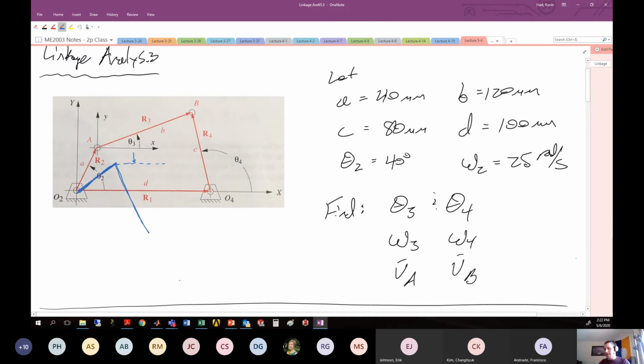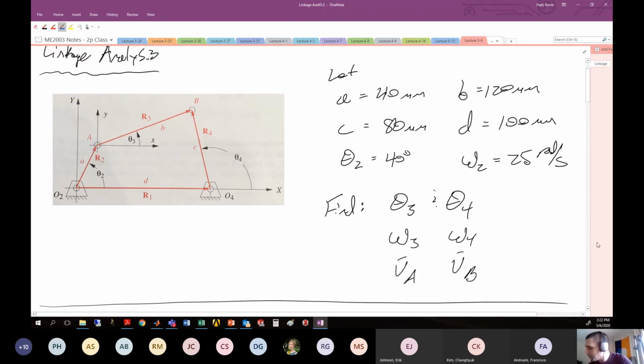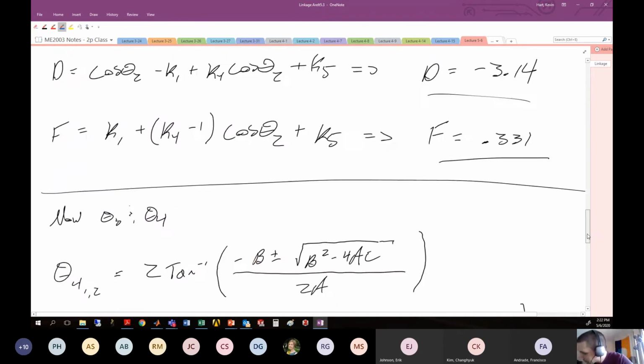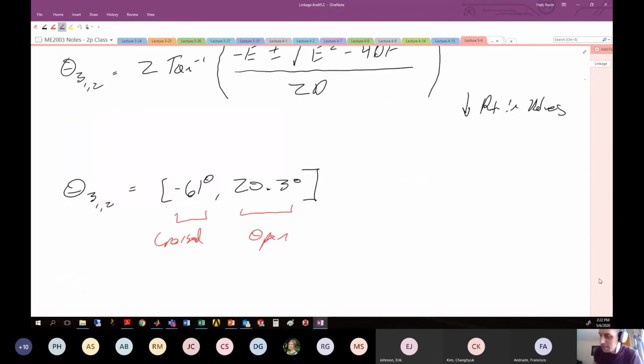It might take a little bit of intuition to understand which angle goes with open and which angle goes with crossed, but if you think about it a little bit, it becomes pretty apparent. So let's call the crossed configurations theta sub 1, and let's call the open configurations theta sub 2, since that's how I've written them.